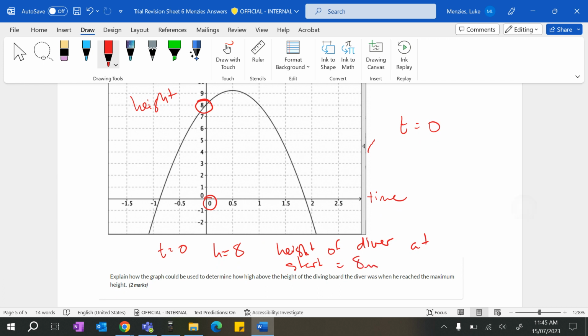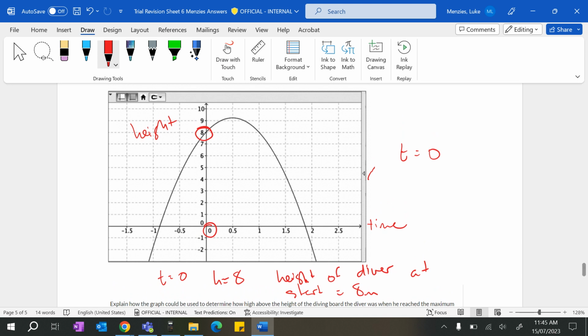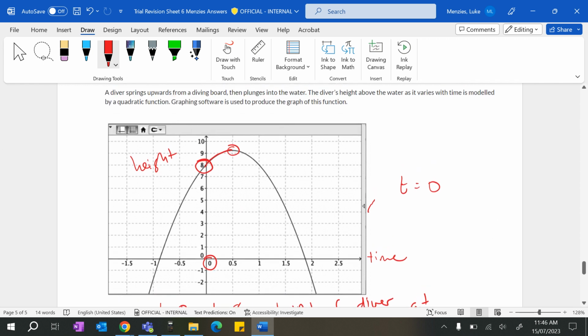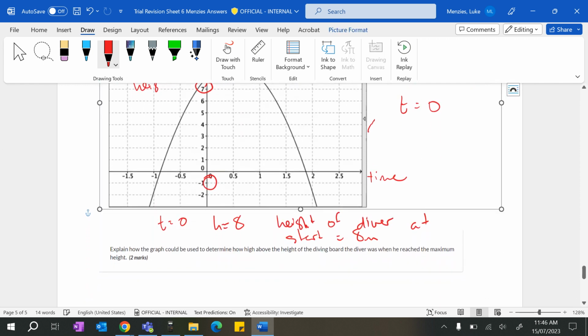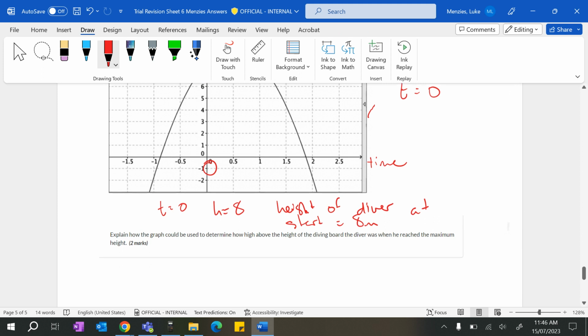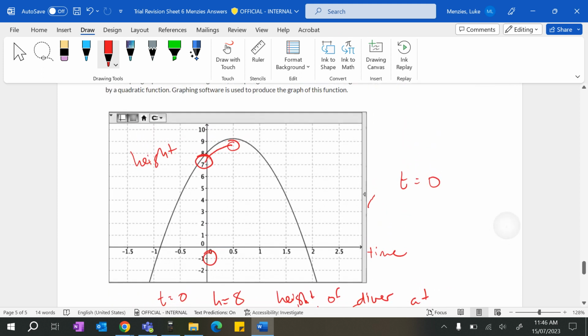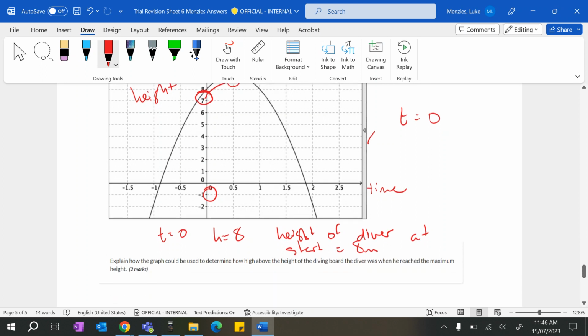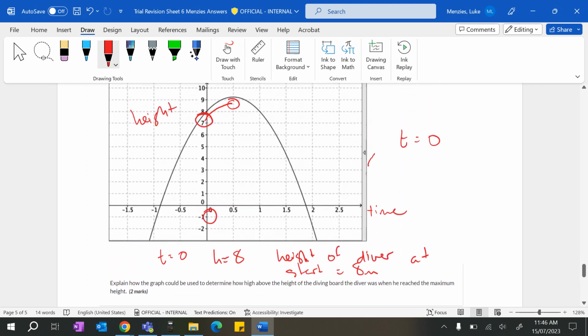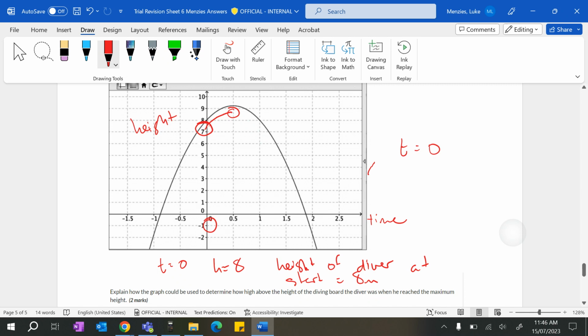Now looking above here, it jumps up a little bit, goes up to a certain point. This is the point we're looking for. What it's really asking is how the graph could be used. I moved it again, it's really annoying. I'm going to say that's about 9.2, 9.3.